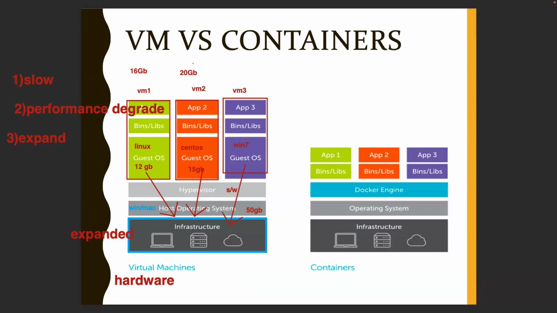Again, let's take the same example. This is my laptop, the hardware. Question: is this guest OS a choice or option? Yes, when you're creating a VM, you can choose what your operating system should be. My laptop is a Mac. I want to learn DevOps. I will create a Linux VM.